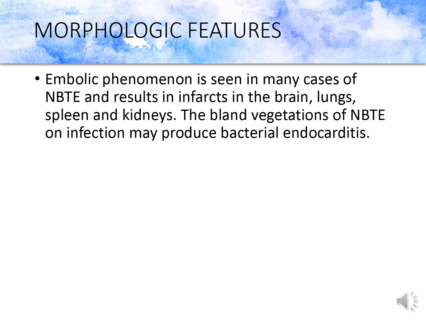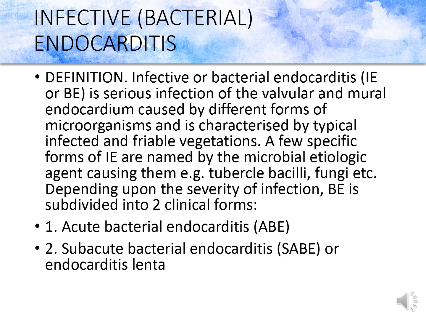Embolic phenomena are seen in many cases of such endocarditis and result in infarcts in the brain, lungs, spleen, and kidneys. The vegetations in such endocarditis may produce infection later when some bacterial infection is added. This pathology may be changed by bacterial endocarditis.